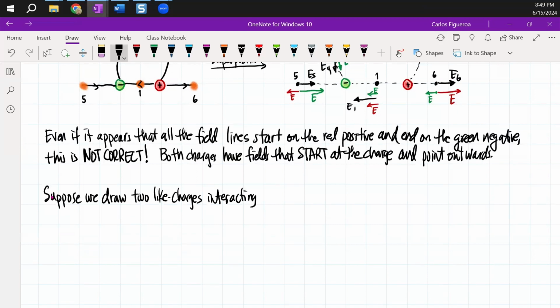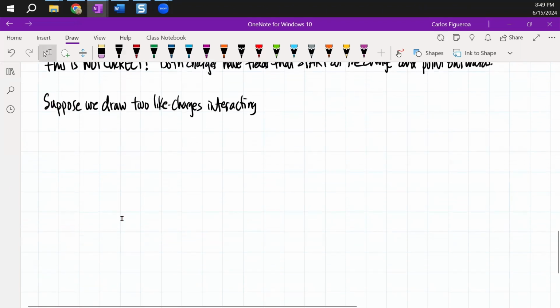Let's say we have two positive charges. Here's my positive charge, and here's another positive charge. And I could say the exact same thing over here: I have two negative charges, and they're interacting with each other.